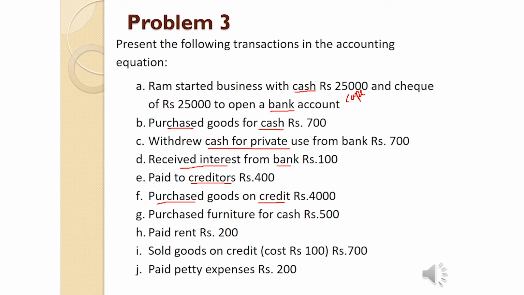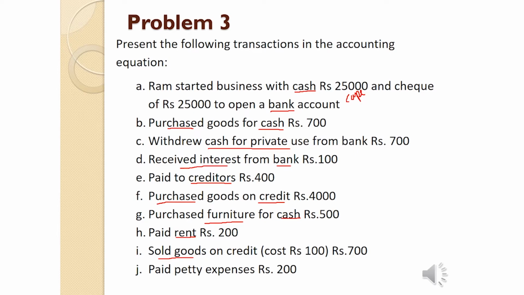The next one is purchase furniture for cash. Furniture account and cash account. Here both are assets. Furniture value increased, cash value decreased. Then paid rent. Rent account and cash account. This is an expense that will reduce the amount of capital, and cash is also reduced. Sold goods on credit: sales account and debtors account, and profit is also included here.